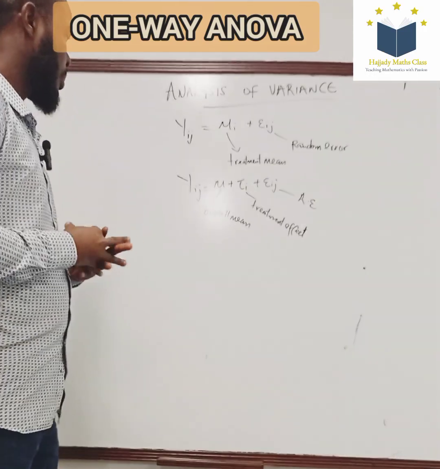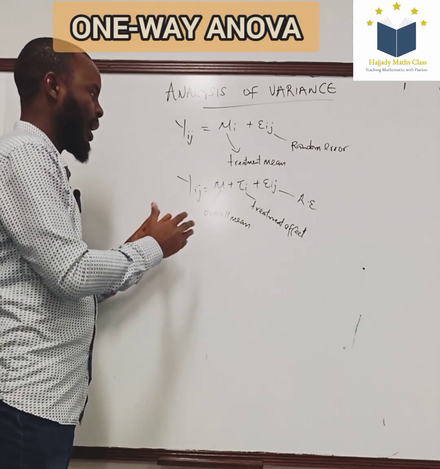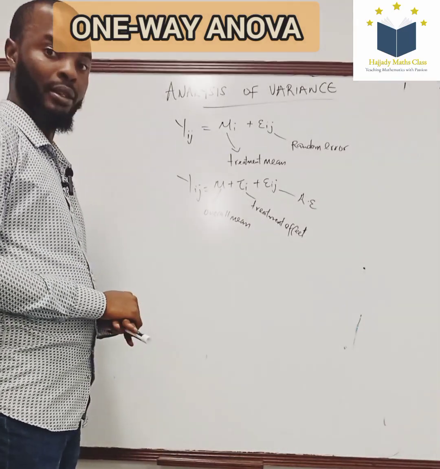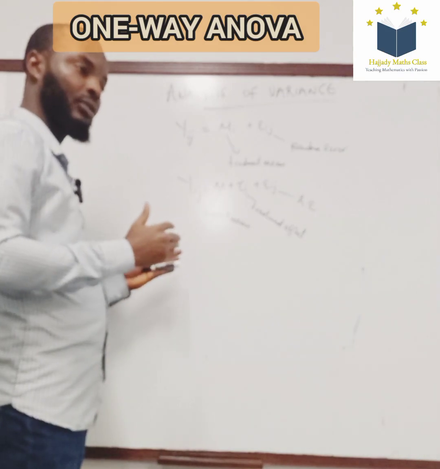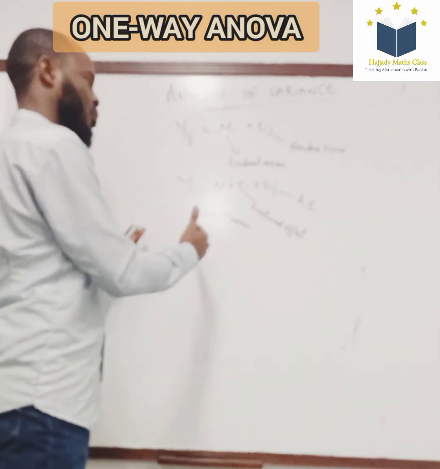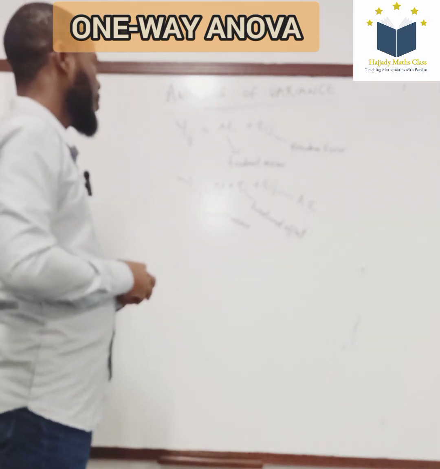Now this is going to give us a guide on how to decompose our sum of squares, in which all these general formulas we know about ANOVA. How do we get these formulas? This is what we want to work on.